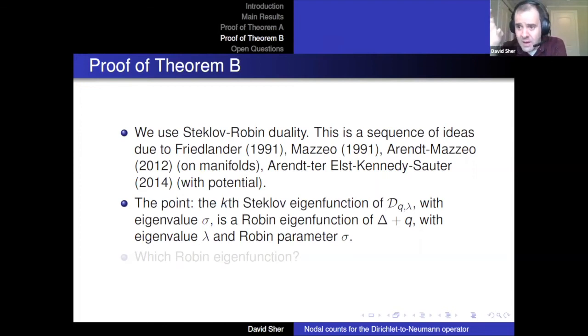So a Steklov eigenfunction is a Robin eigenfunction. And the Courant nodal domain theorem works perfectly nicely for Robin eigenfunctions. So the big question is, okay, which Robin eigenfunction is the kth Steklov eigenfunction?